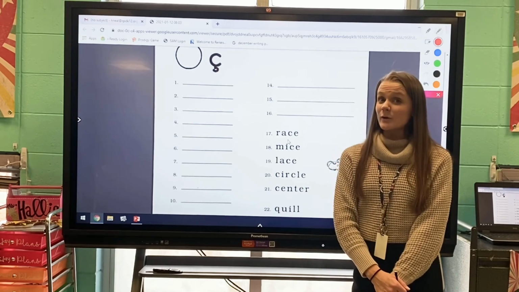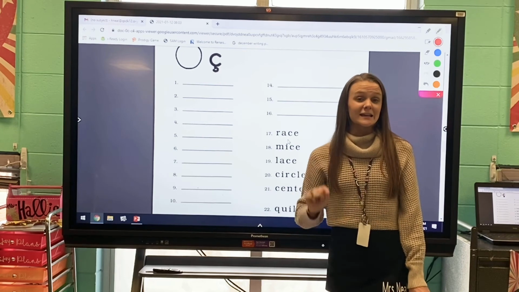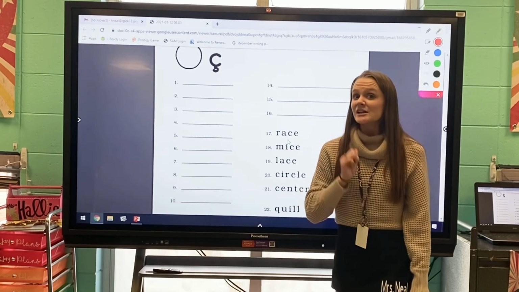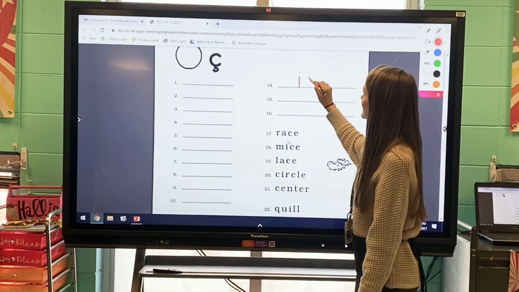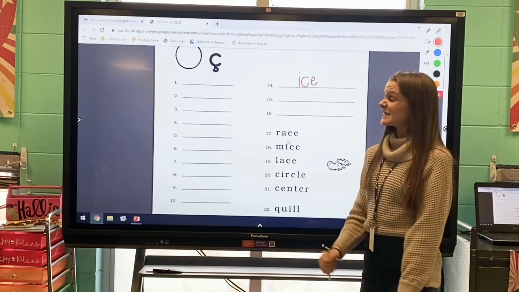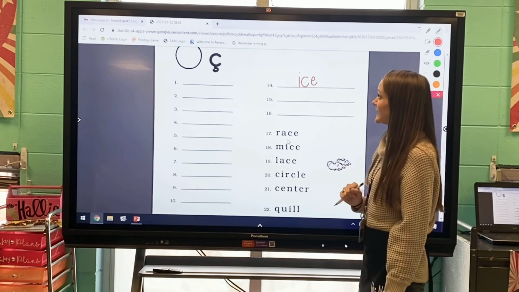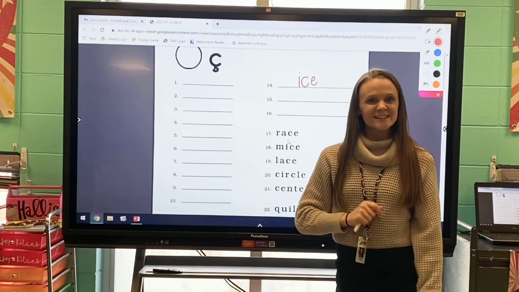And we learned from our spelling rule that if C is followed by E, I, or Y, it's going to be a soft C. So I'm going to spell the word ice by writing I, C, E. And because our E is at the end and it comes after letter C, we know it's going to be the soft S sound. Excellent.